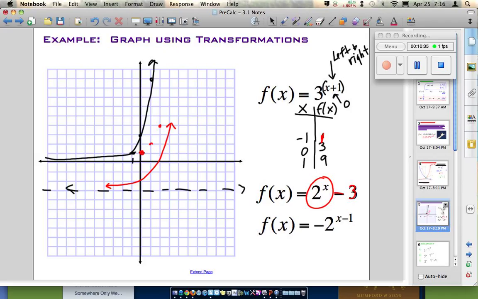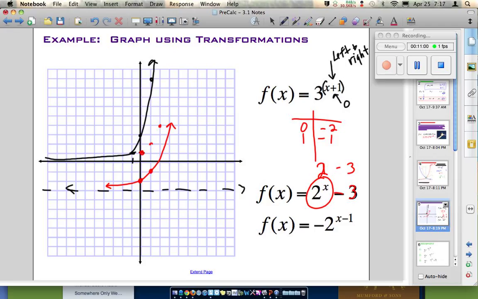If I plug in 0, I will get -2. So if I plug in 0 for this one, and I make a table, at 0, I would get -2, because at 0, this would be 1 minus 3, -2. At 1, I would get 2 here, minus 3, -1. Again, 1, -1.